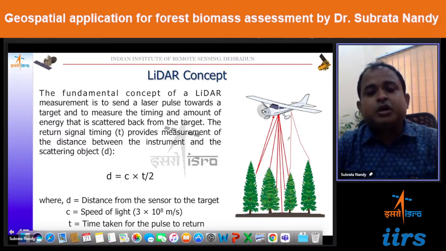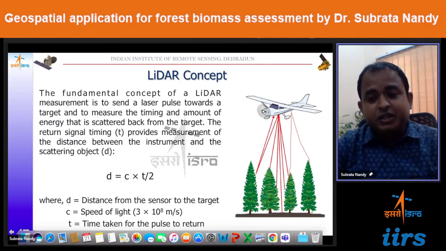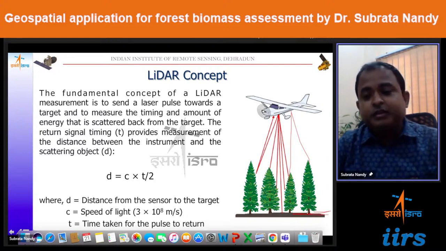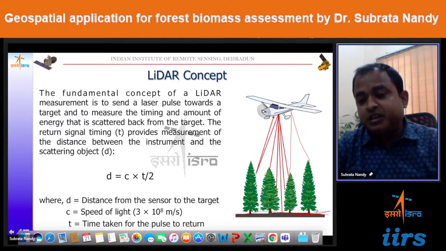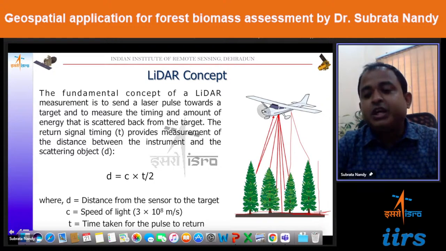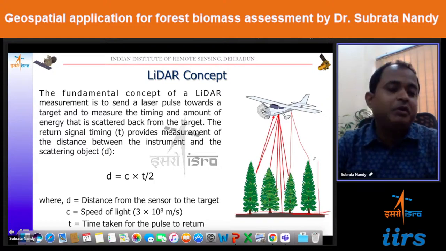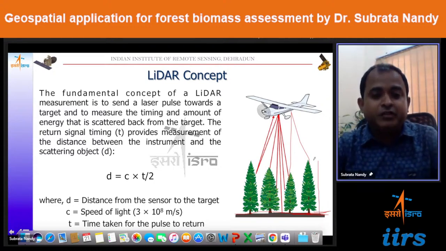One thing care should be taken: some of the points should reach the ground. If no points reach the ground, you won't be able to get the reference, and if you don't have the reference, you won't be able to calculate the height of the trees.